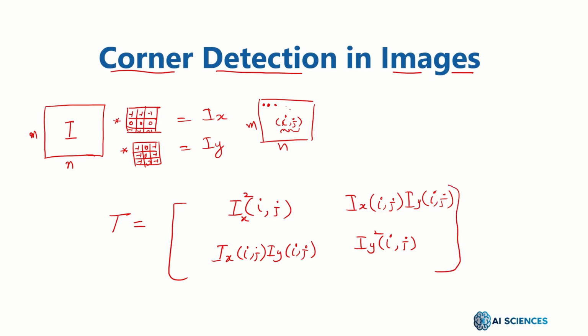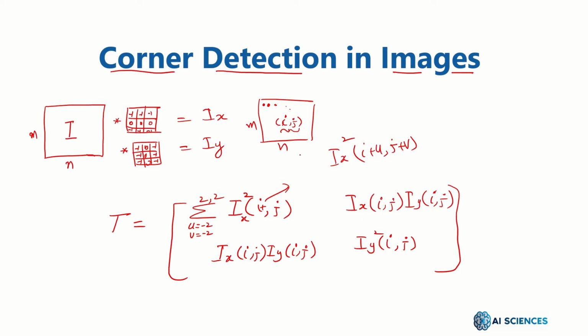Not only that, we have to build this matrix by picking entries in the neighboring window, for example u varying from -2 to 2 and v varying from -2 to 2 for a 5 by 5 window, or maybe a 3 by 3 window. So this entry changes to Ix(i+u, j+v) squared, and every entry actually changes.